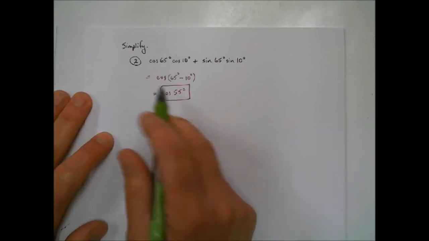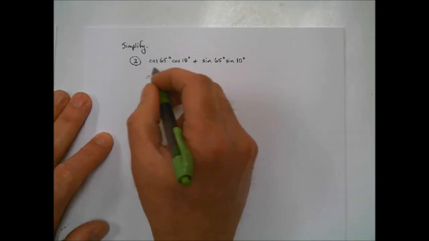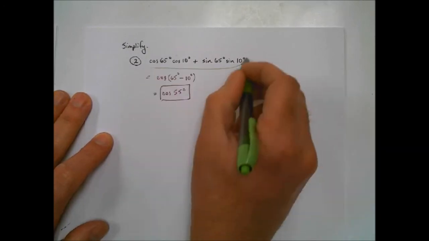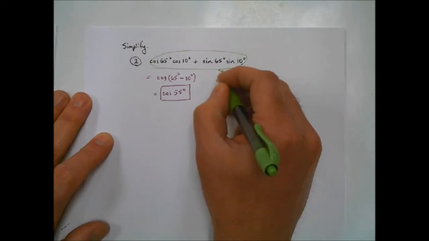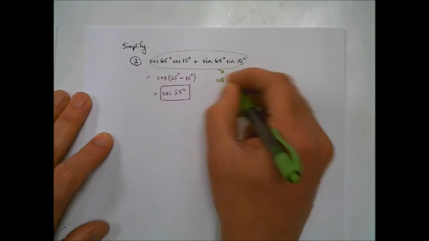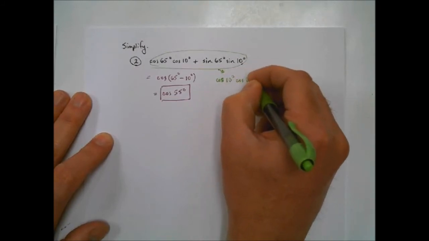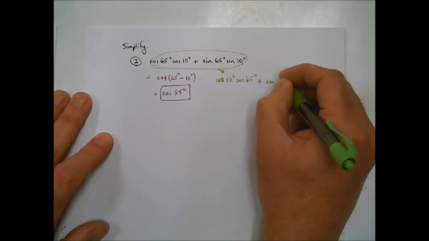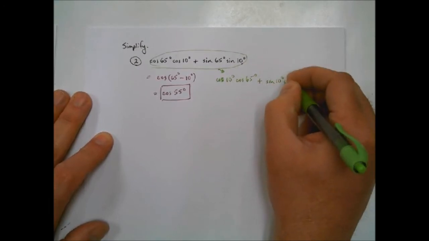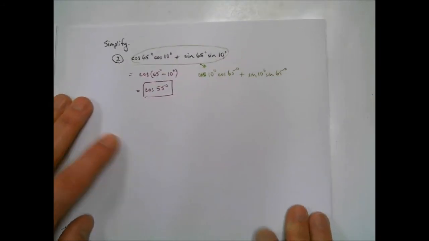What if it had been that order instead? If we're doing cosine 10 degrees, cosine 65 degrees, plus sine 10 degrees, sine 65 degrees, does that mean it's changing the answer?